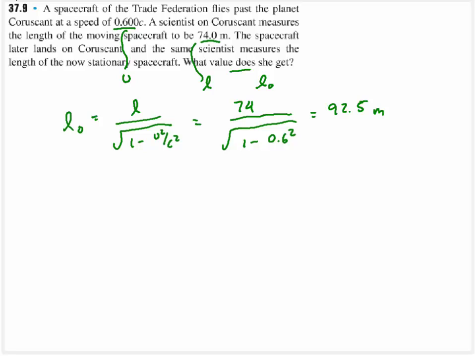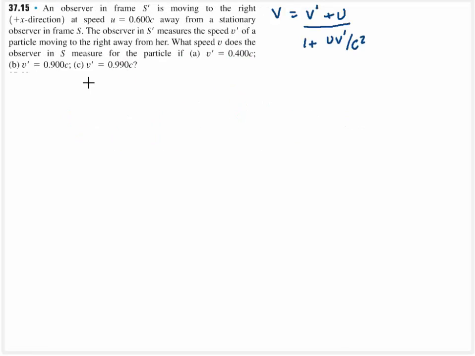And if you ever get confused about which one is L and which one is L naught, if you do your calculation and L were to get smaller, then you know you did something wrong. You know that this thing should be longer when it's on land, or not moving, compared to when it's in motion.